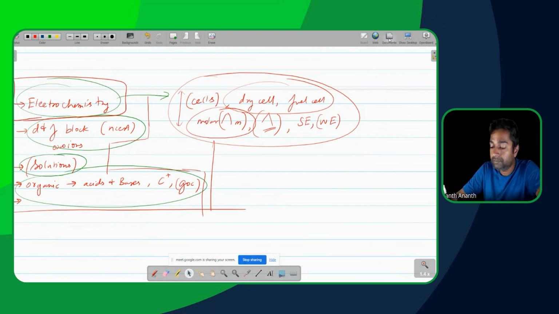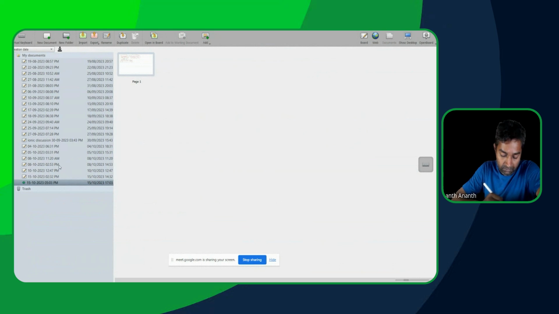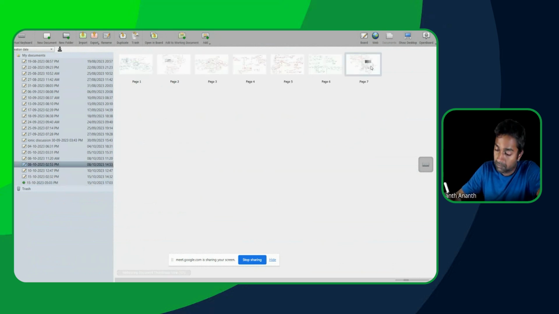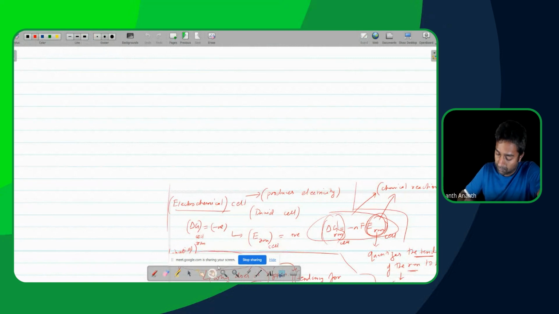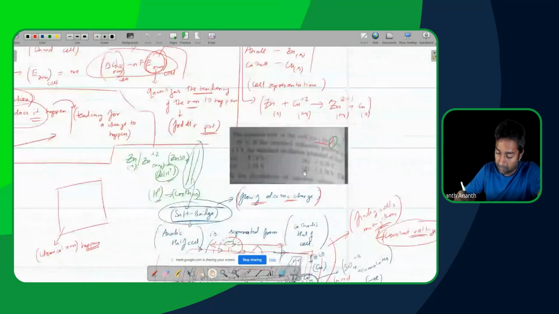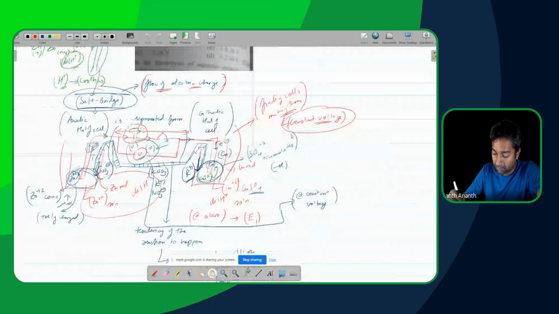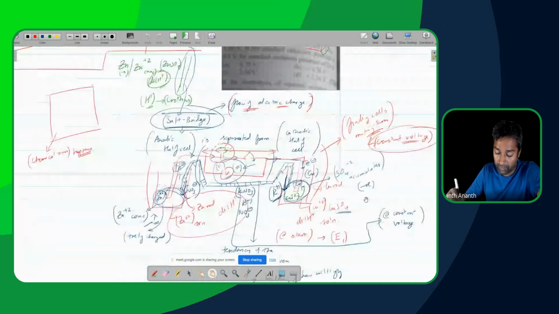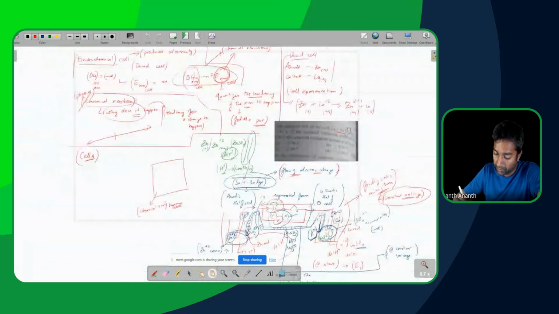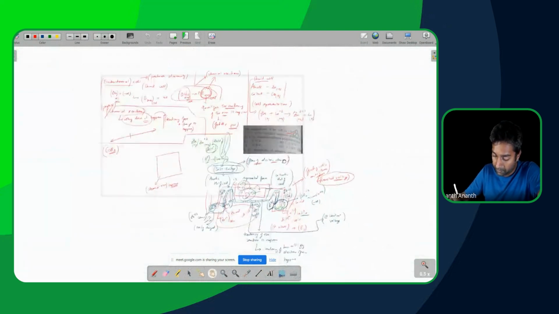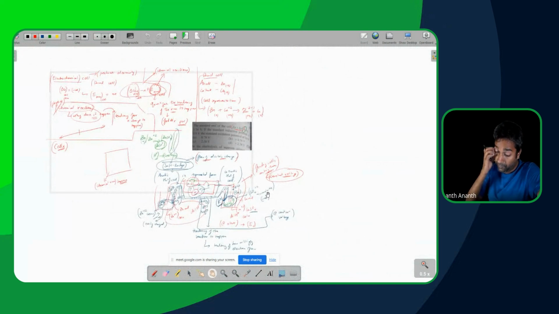Hmm. Okay, this has been going on in a very random place over here. Okay, let's get to the next page and continue on.